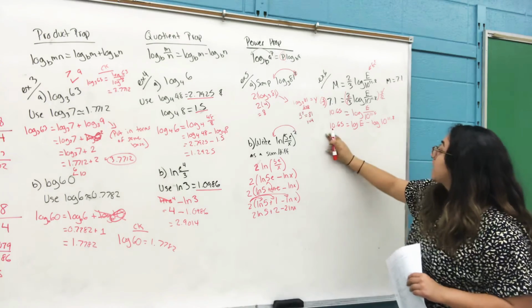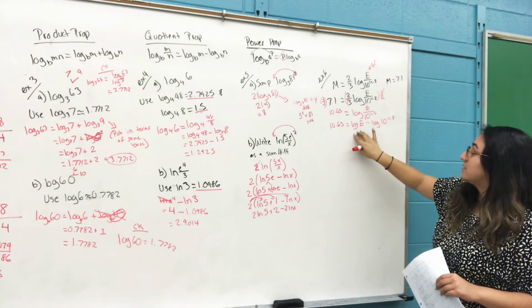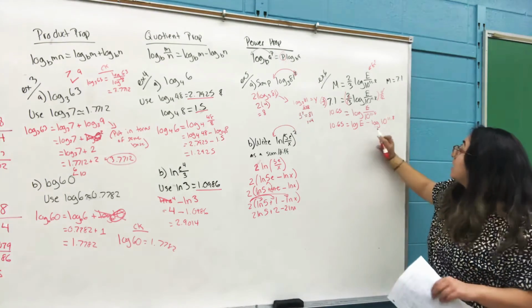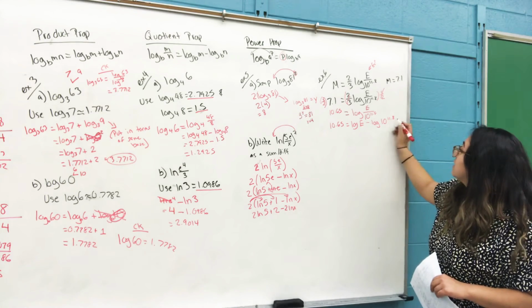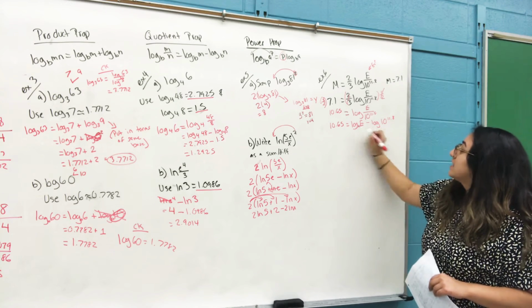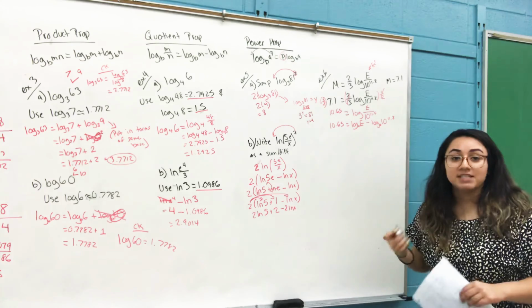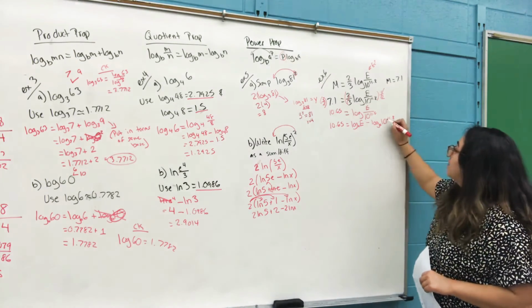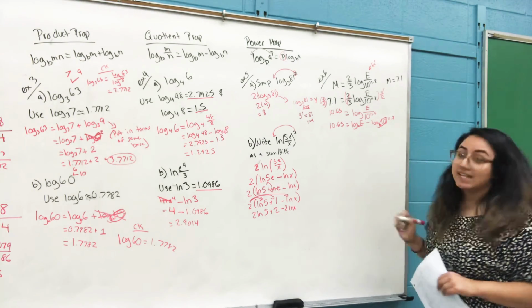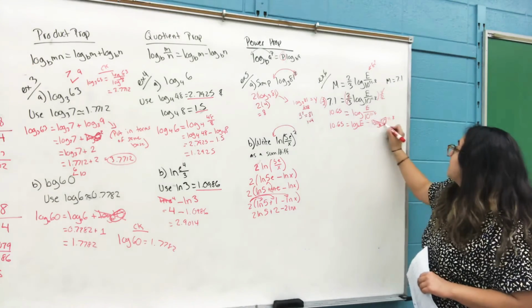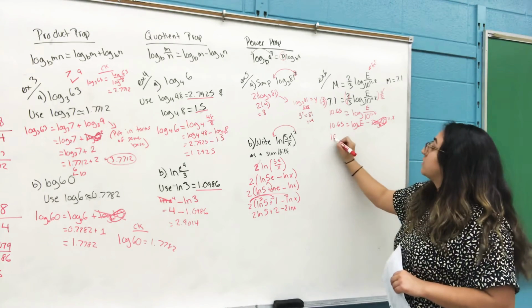So if we go left to right, log of E is good, minus log 10 to the 11.8 power. All of these logs are common logs, base 10. These are exactly the same, so they cancel out using the inverse property.